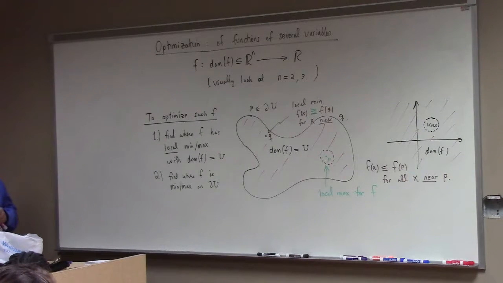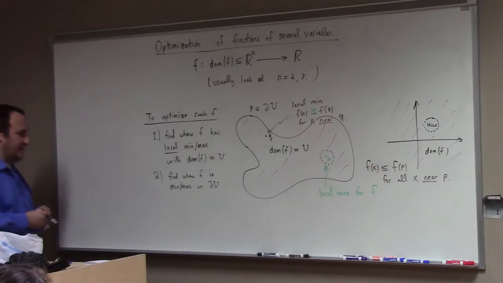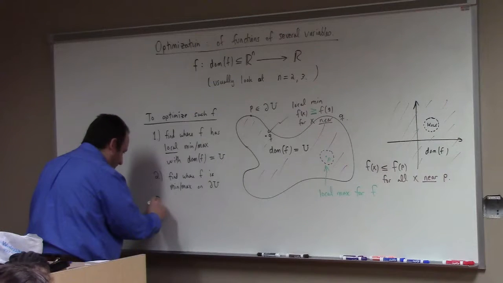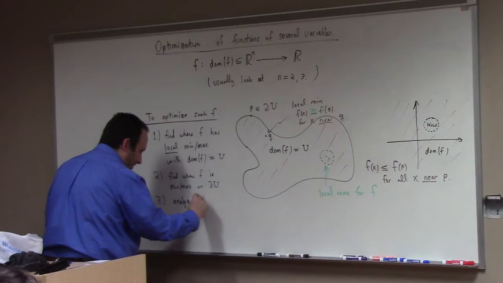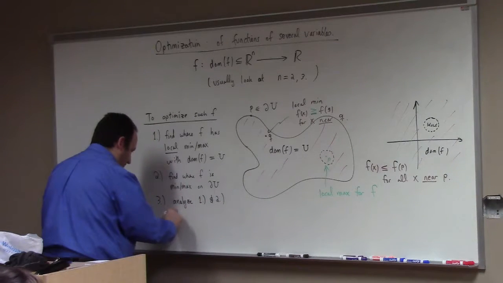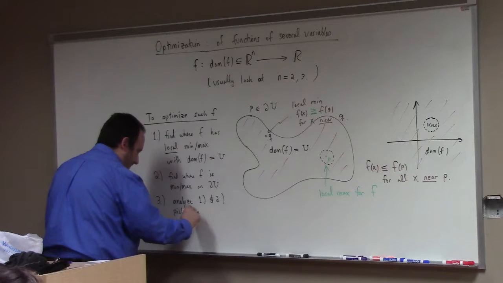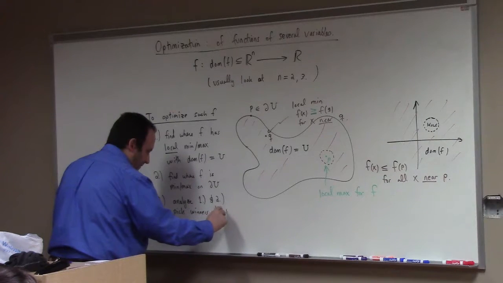If the minimum or maximum was on the edge, we wouldn't even consider that in our local min-max considerations. So we have to think about the edge separately, if there is an edge. We have to evaluate the function on the boundary and study the min-max there. And then step three is just analyze 1 and 2, pick your winners and losers, right?